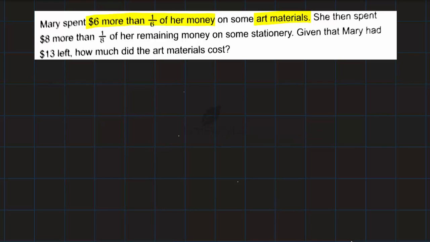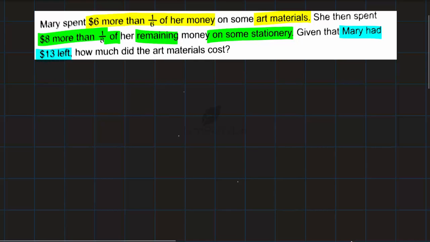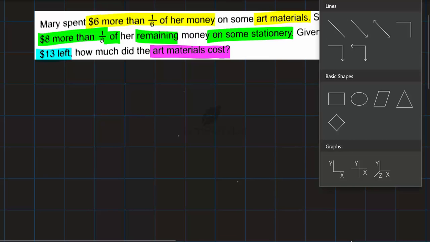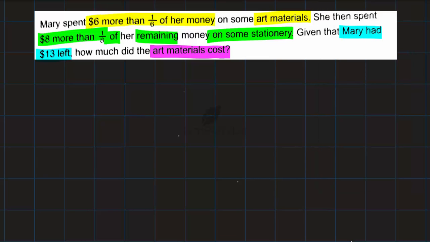Highlight first. Okay. So when I do fraction questions, I either draw bar models or this kind of a line.